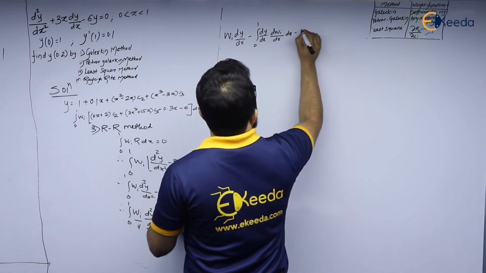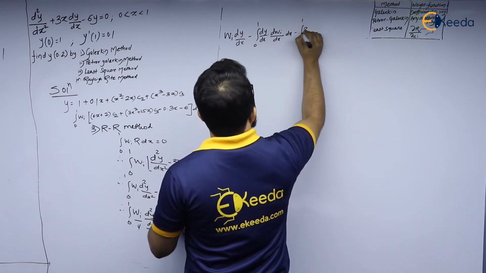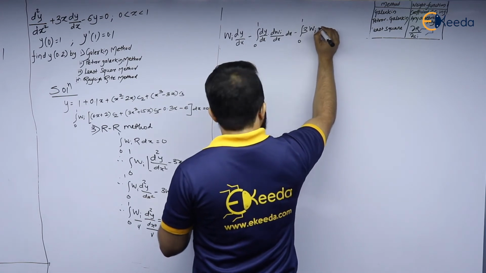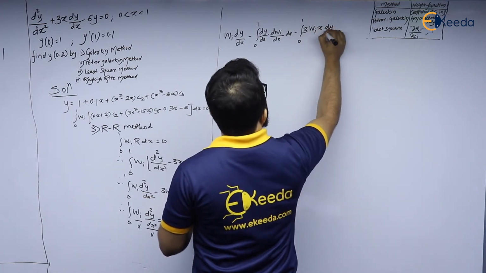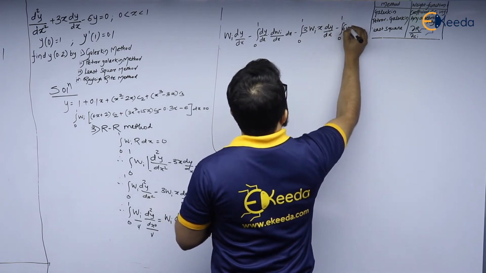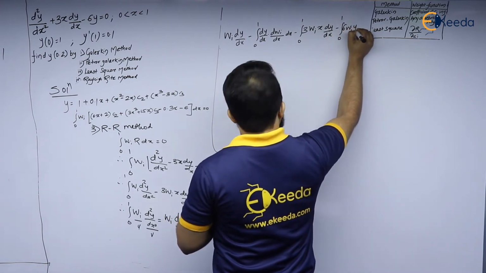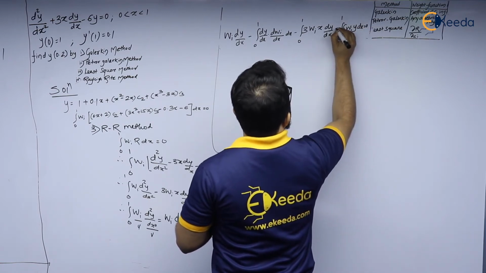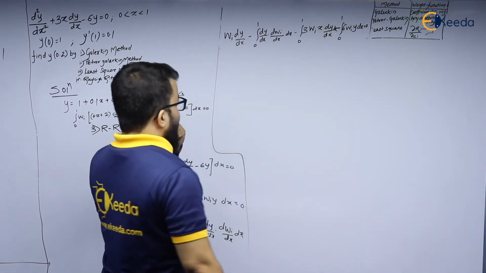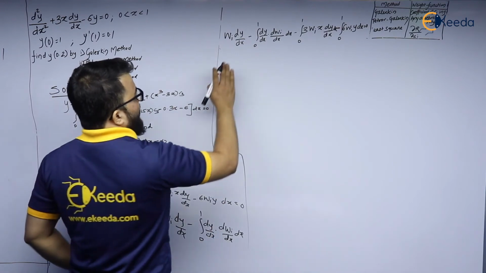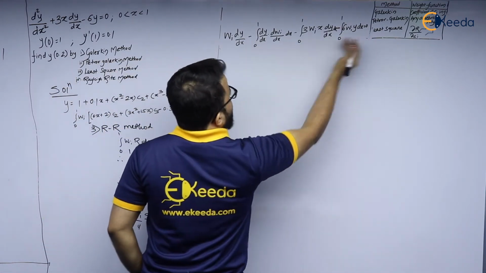Minus integral 0 to 1 of 3 Wi x dy by dx dx, minus integral 0 to 1 of 6 Wi y dx equals 0. Here also one dx term will be there. Now we will solve this integration, so I will put all this data to the RHS side.